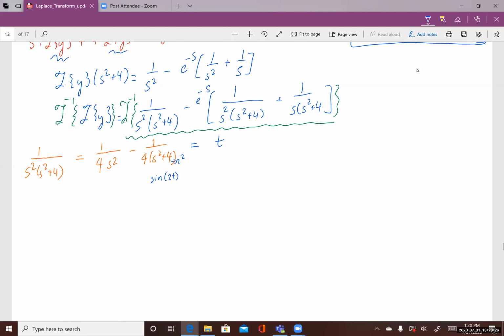Then you need to have 2 up here, and if you multiply by 2 here, you have to multiply by 2 in the bottom. So what is left is 1 over 8 times sine of 2t. This is the inverse of the first part.